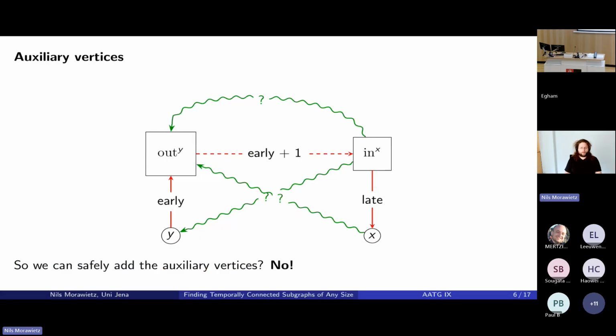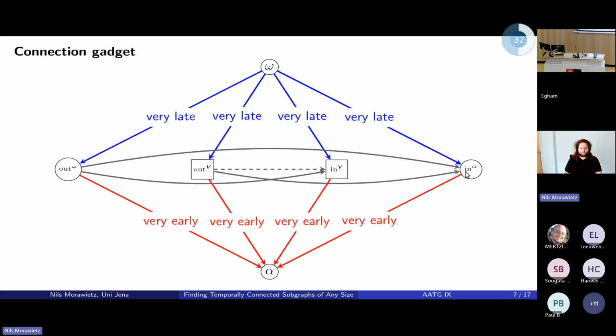So what we did there is we put all these auxiliary vertices between omega and alpha. And the idea is all these auxiliary vertices can very early go to alpha, and at a very late time, omega can distribute to all these vertices.